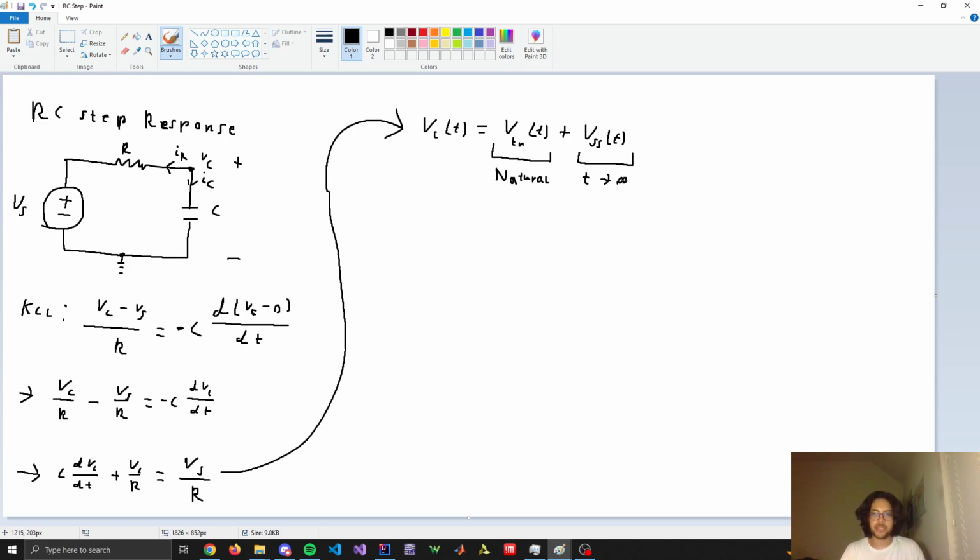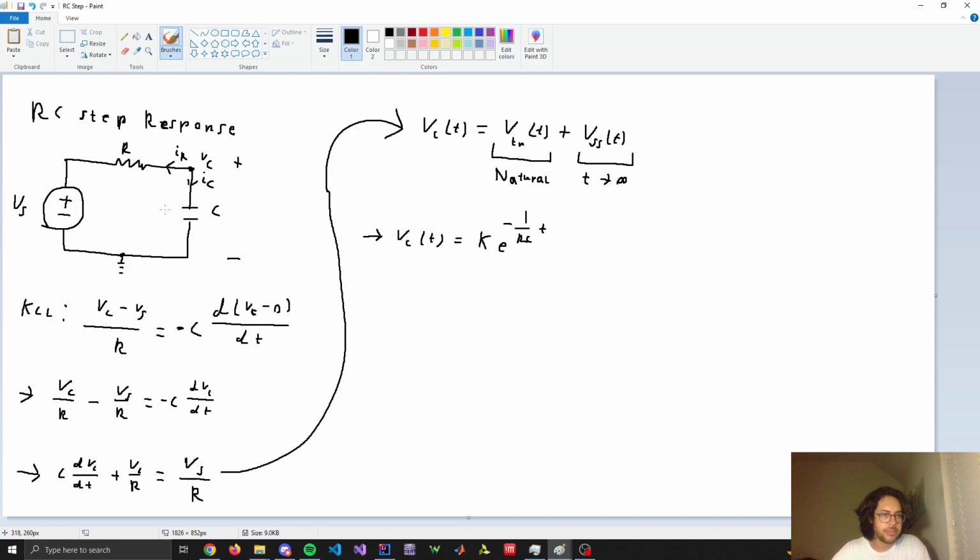So now we have the pieces to solve this differential equation. So then we get Vc of t. Remember the natural response is equal to some constant k times e to the negative 1 over RC times t. And for V steady state, we are looking at the circuit as time approaches infinity as our particular solution.